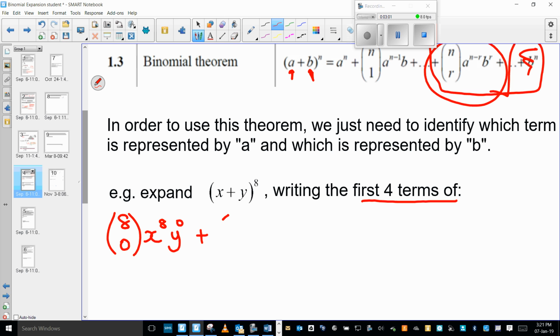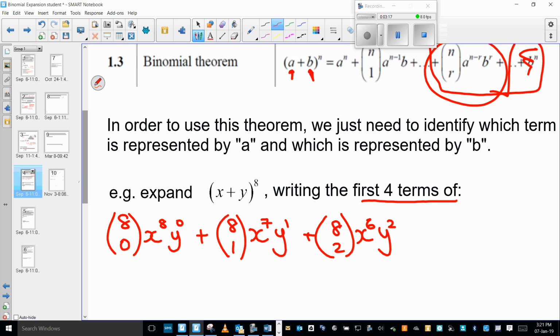So this would then be 8, 1, x to the power 7, y to the power 1. And then this would be 8, 2, x to the power 6, y to the power 2, and then 8, 3, x to the power 5, y to the power 3. So then my first 4 terms.